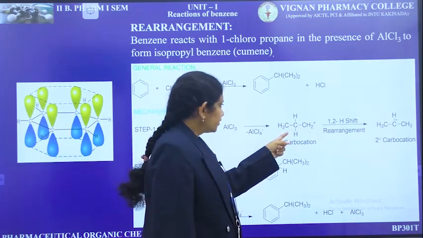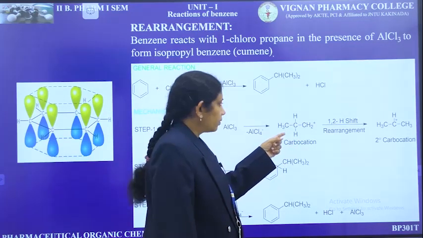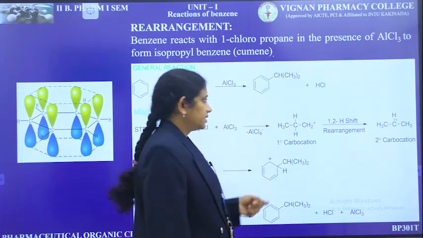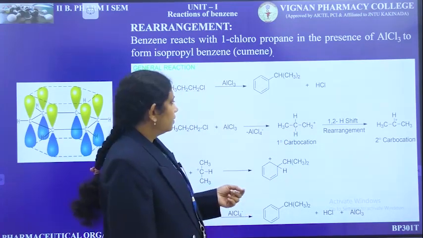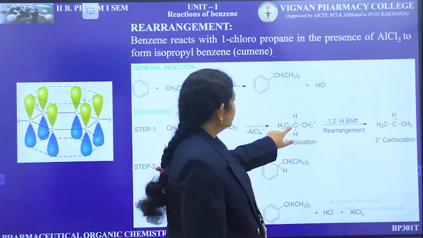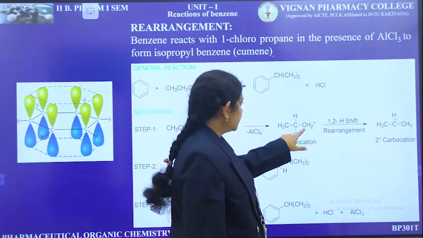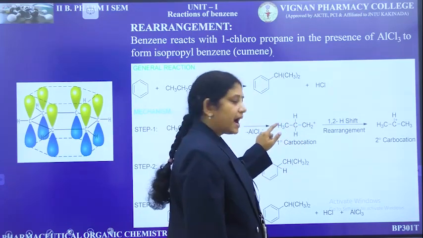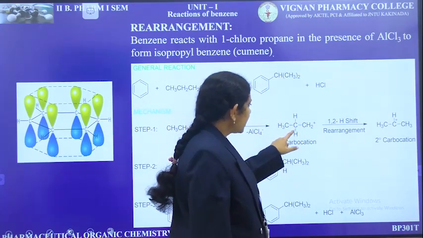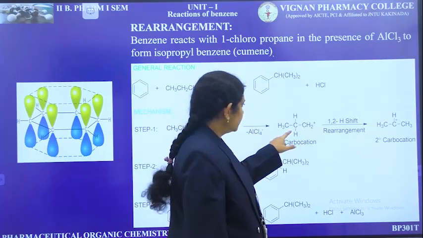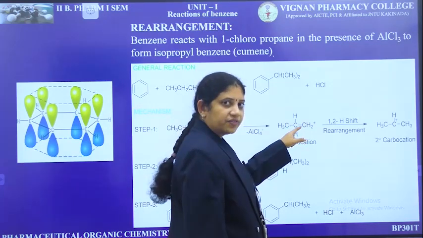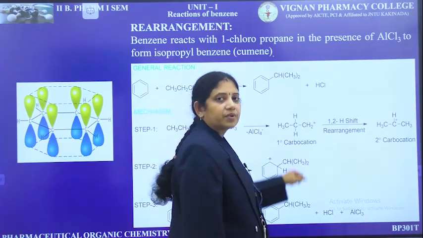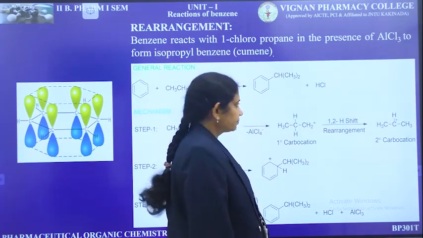If we observe the structure of the primary carbocation, it consists of 2 more carbons. When there is an electron deficiency at the first carbon, if the structure permits, the hydrogens present on the adjacent carbon can be shifted onto this electron deficient carbon.